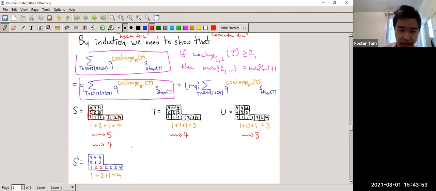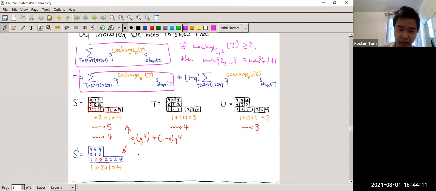So for these terms, I've got a Q to the 4, so the power of 4 gets increased by 1, but then I have this correction term, which basically decreases it back to 4, and that's exactly what I want to do.